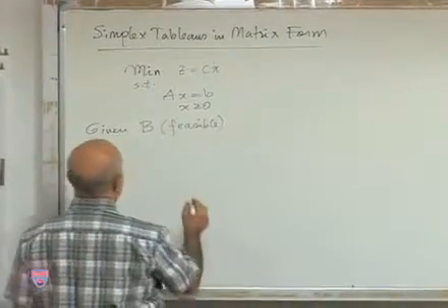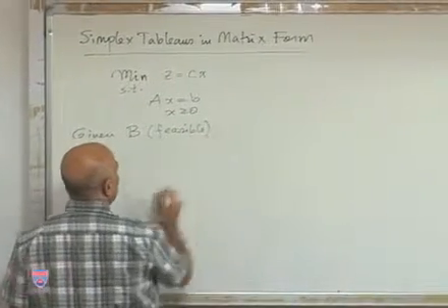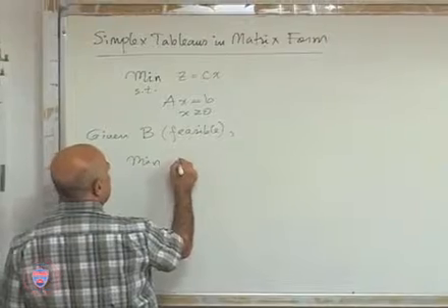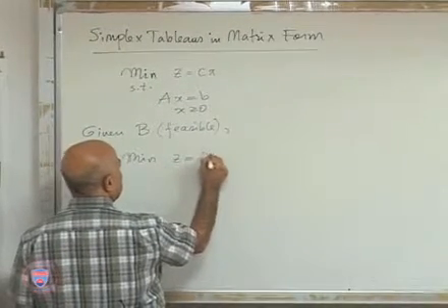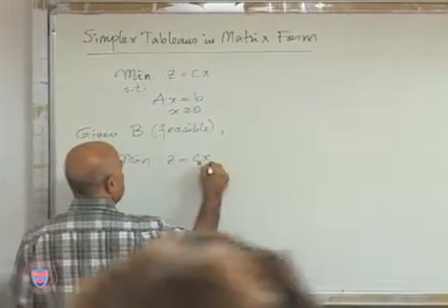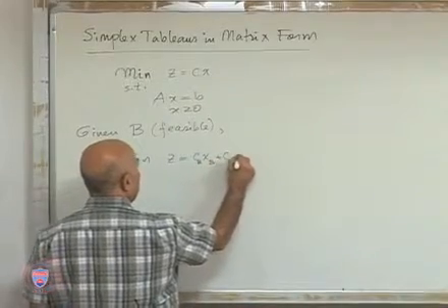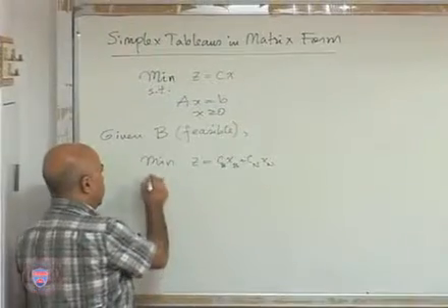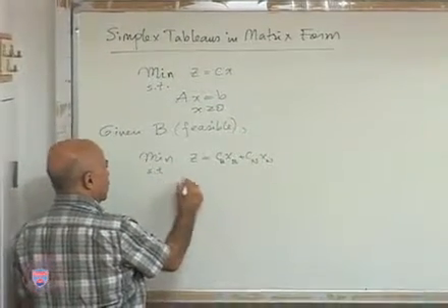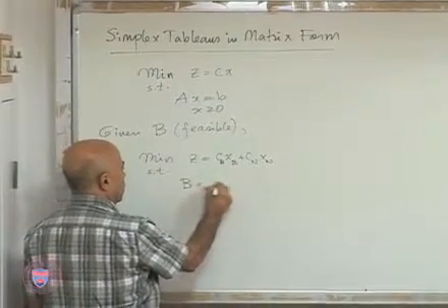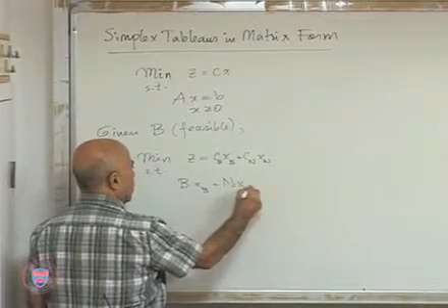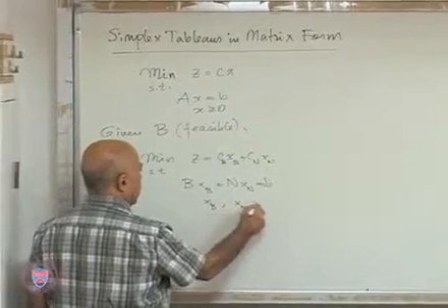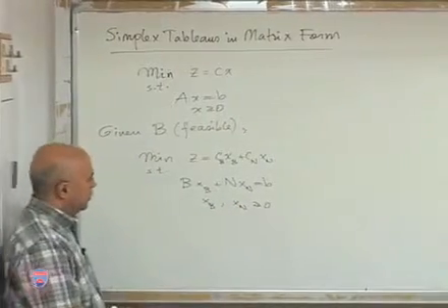All right, so given a feasible basis B, the partitioned form of the problem was minimization of C sub B xB plus CN xN, basic part plus the non-basic part, subject to B xB plus N xN equals b, xB, xN greater than or equal to 0.